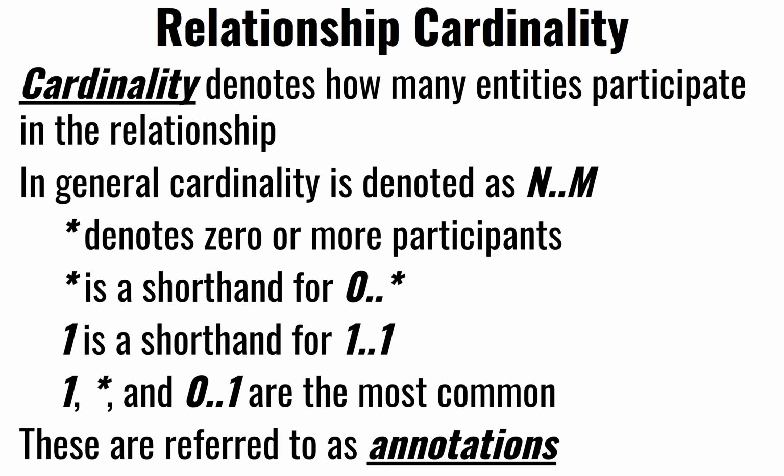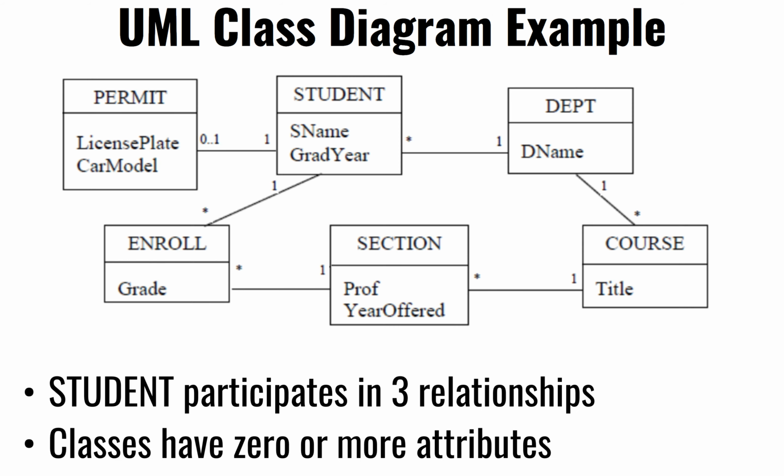The cardinality is how many instances of each are participating in a relationship. They all have the pattern of some minimum to a maximum: m dot dot n. So for instance, these stars, these 0 dot dot 1, these are cardinalities. They'll have that pattern, although these are shortcuts, where 1 is really 1 dot dot 1.